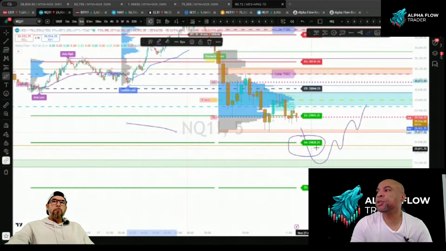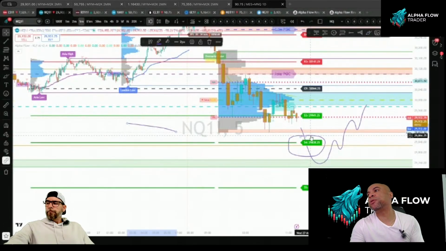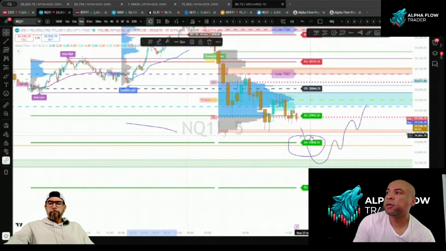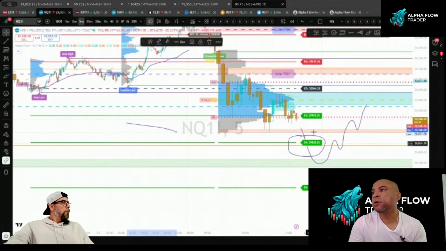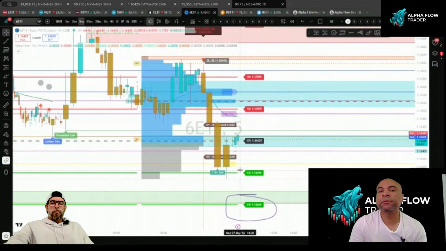And probably NQ at S4 would be my strongest three trades to look out for the rest of the day. So continuation long on oil, reversal setup at S4 on NQ, or Euro at S4. Those three are my strongest picks for the rest of the afternoon.